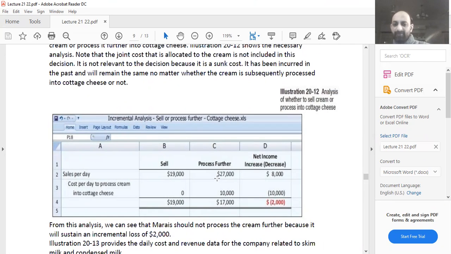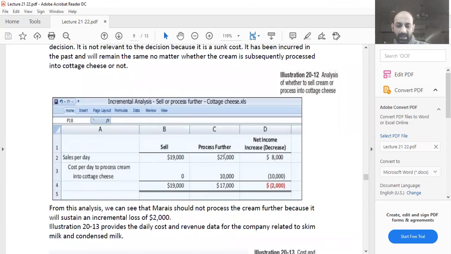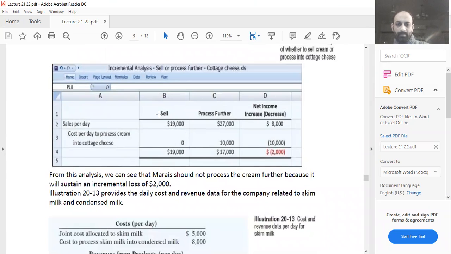If you process it further, the additional cost is 10,000. So if you sell as cream you get 19,000, and if you process further and then sell it, you get net income of 17,000. From this analysis, we can see that Maris should not process the cream further because it will sustain an incremental loss of 2,000.